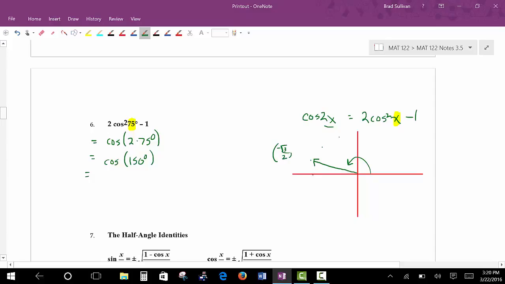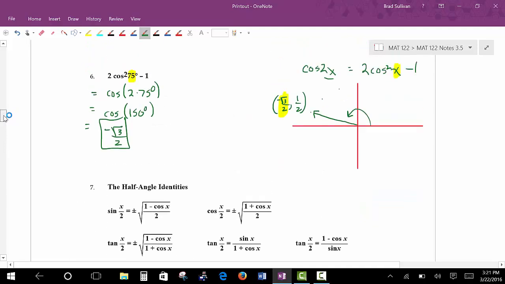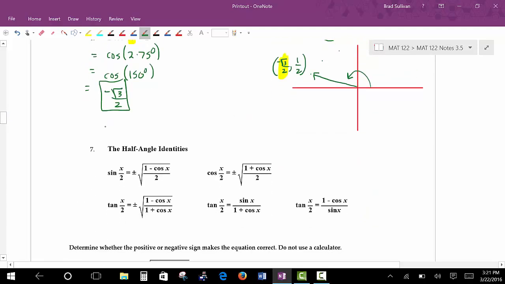Y is not as high up as the other 2 points, so that's why I know that's positive square root of 2 over 2. And cosine is just the x value. So the answer on this problem is negative square root of 3 over 2. You're just identifying that you're doing kind of the back side of that identity. And that's how that goes. So that'll give you some idea of how that identity works.